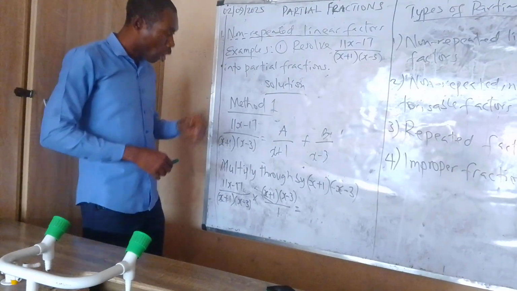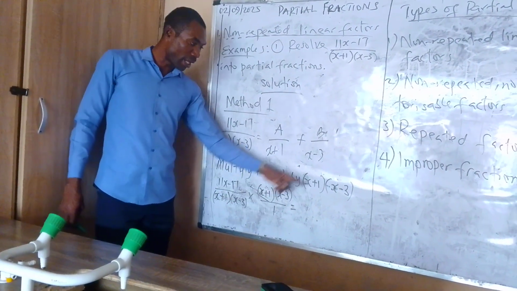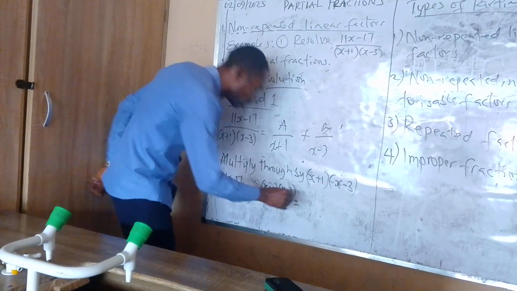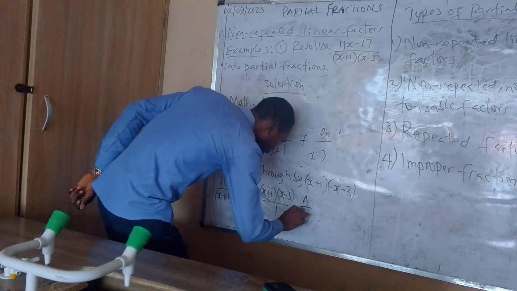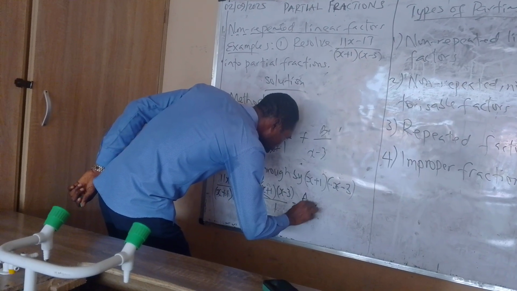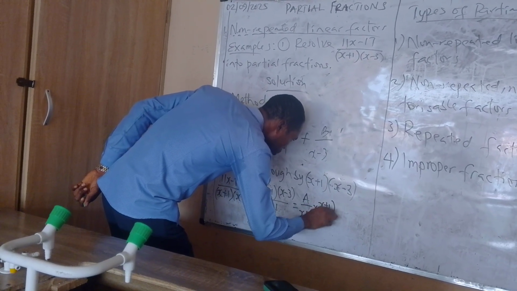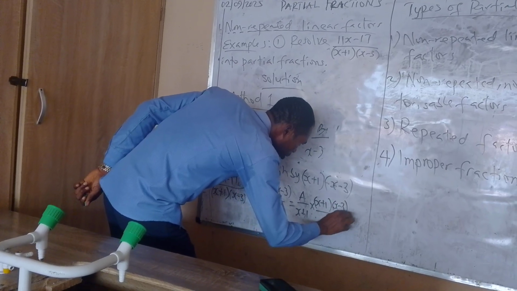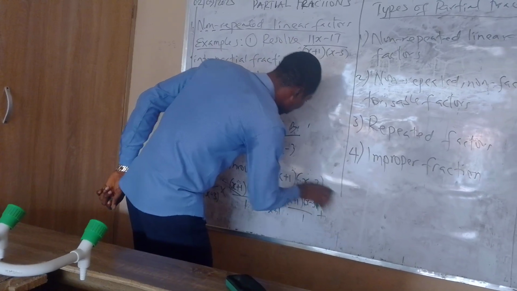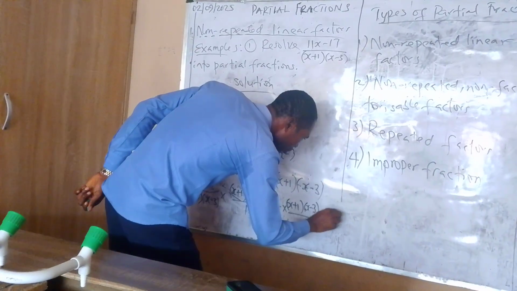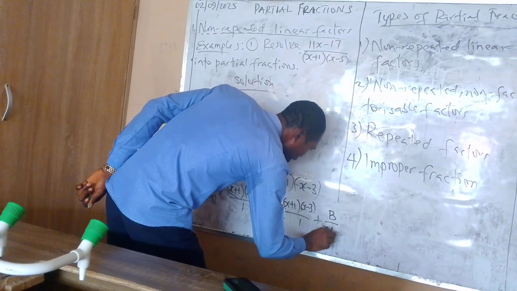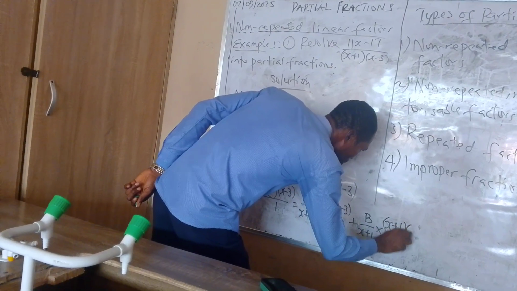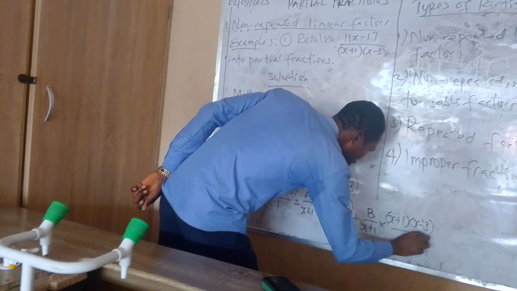Equals, also multiply this by this. If I multiply this by this, it will give me A over x plus 1 times x plus 1, x minus 3 over 1, plus the same thing with this, B over x minus 3 times x plus 1, x minus 3 over 1.